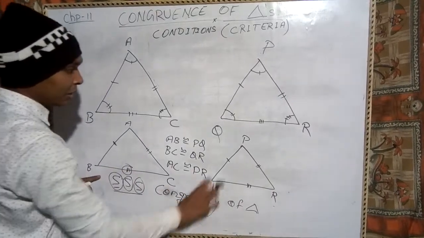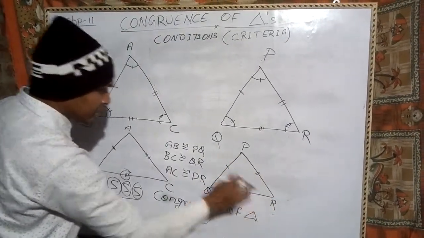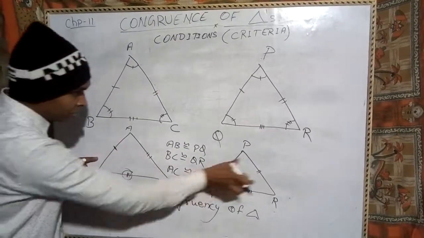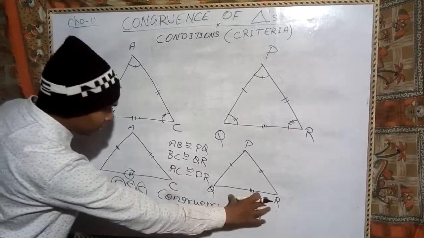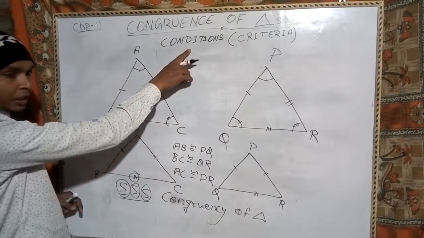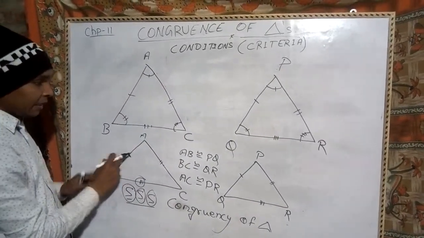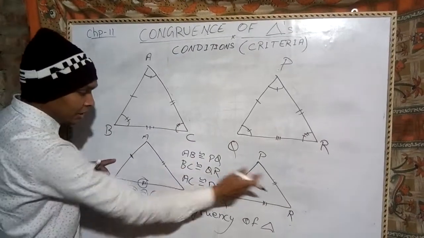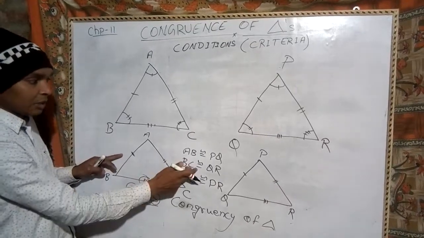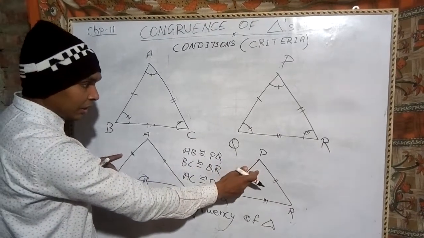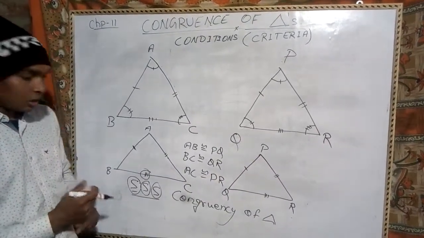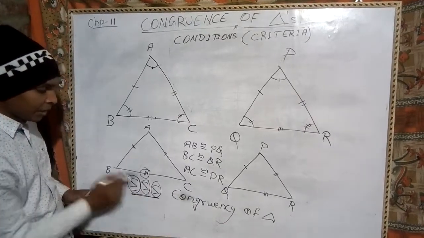So this type of criteria, or condition, is when all three sides are equal to the corresponding sides of the other triangle. This is the criteria of triple S.